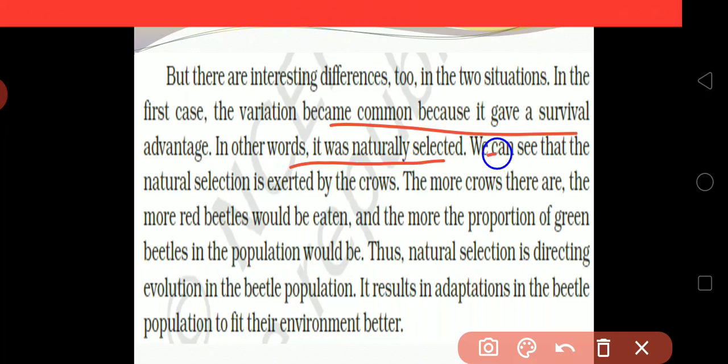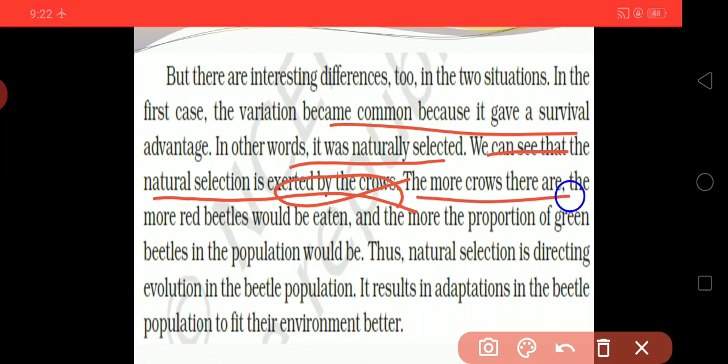We can see that the natural selection is exerted by the crow. The crow has selected naturally. The more crows there are, the more red beetles will be eaten.